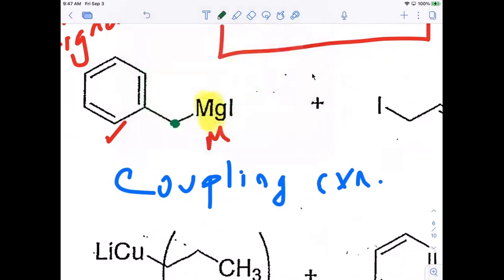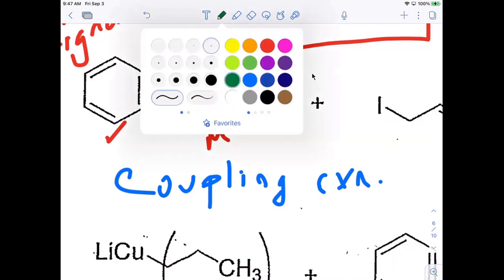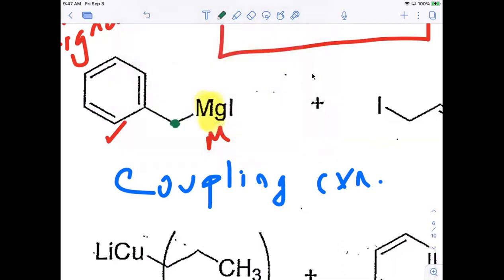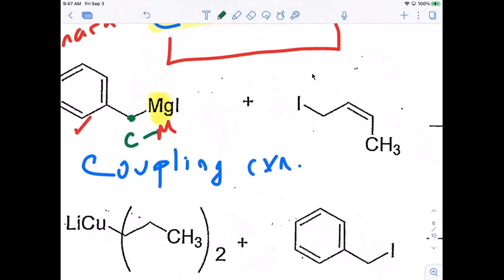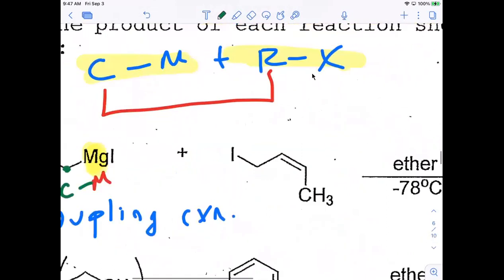So this carbon right here. All this other stuff, we're not worried about it, right? We're just worried about that carbon for now. So that's CM. And then over here, X is normally representative of a halogen, or it can also represent my leaving group.